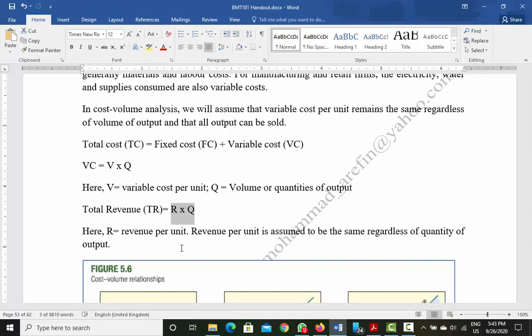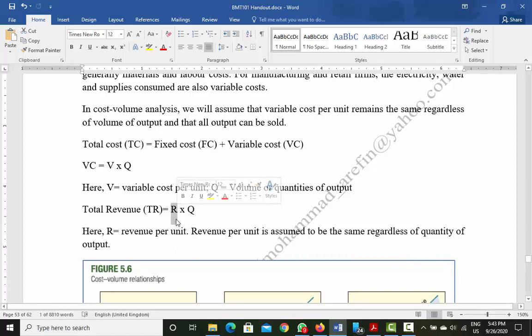and if you sell 5 kilograms of sugar, and the price of sugar is 50 taka per kilogram, so 50 taka is the revenue per kilogram.